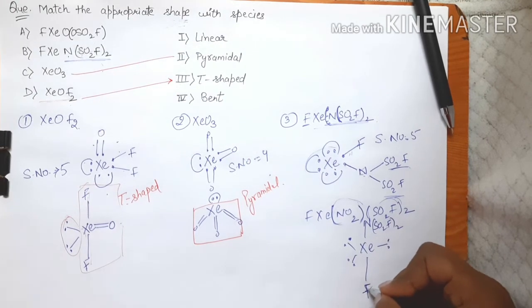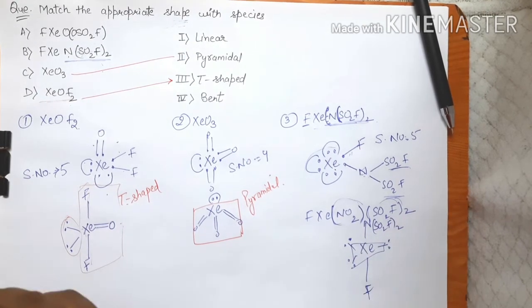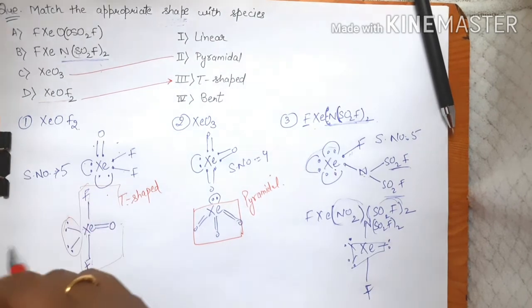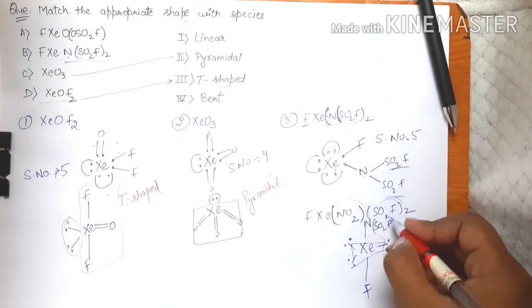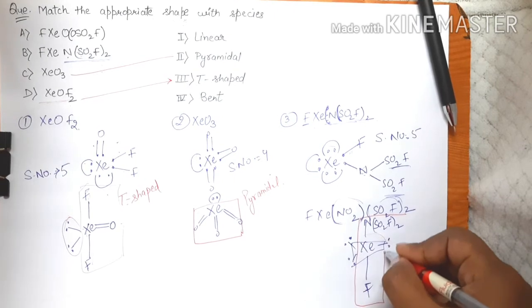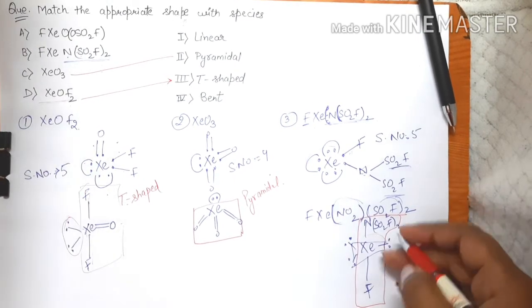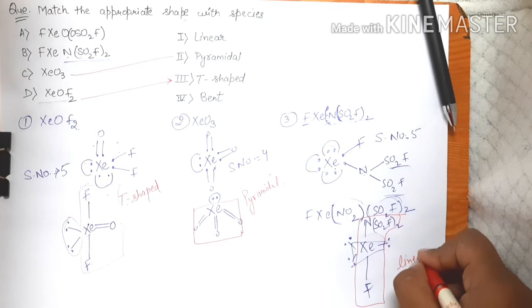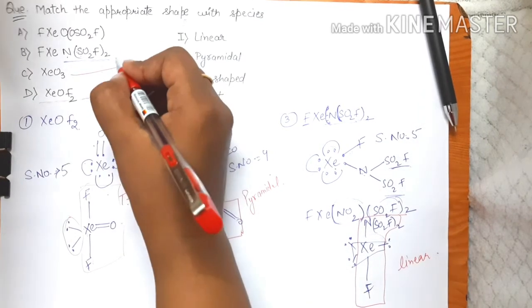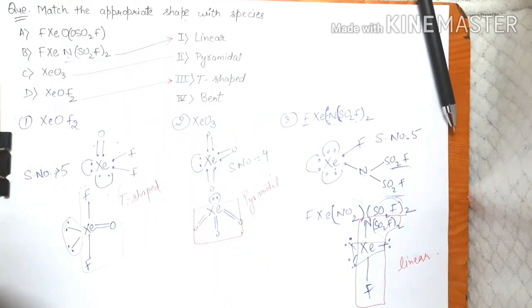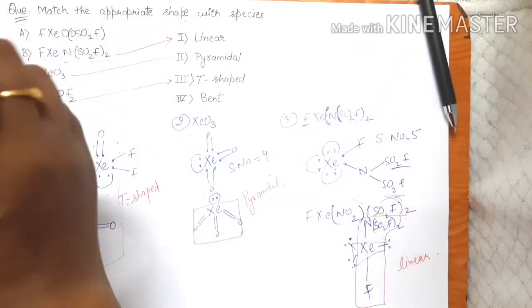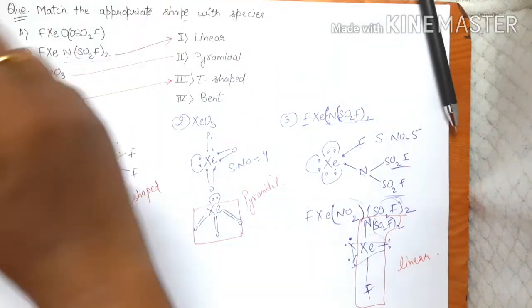Okay, so if we have to look at the structure or shape, then we have to ignore these lone pairs. If we ignore these lone pairs, what kind of shape are we getting? It is linear. Okay, so the second is going to match with the first one. Okay, sorry, the B part is going to match with the first one.